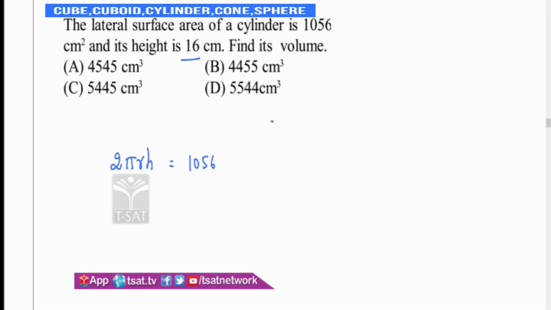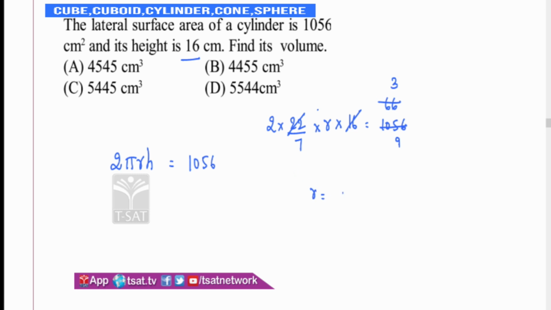Two into 22 by 7. We don't know the radius, so just find out the radius. Height is 16. So 11 table or 16 table you can cancel. We can say 16 6 96. So again 9 is left, 6. 22 1s 22, 22 3s.